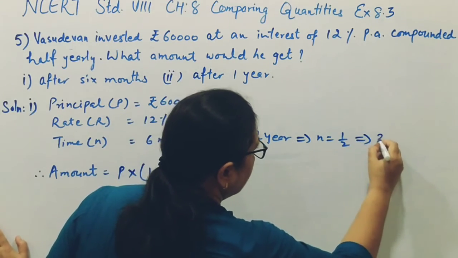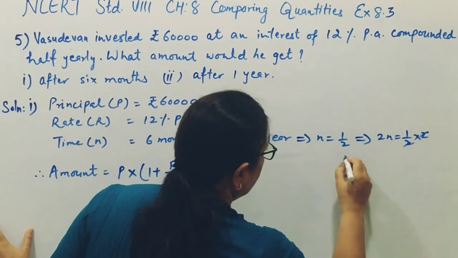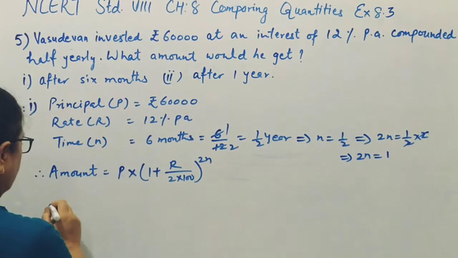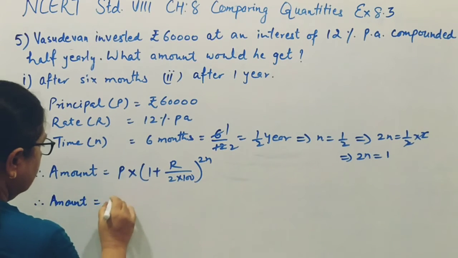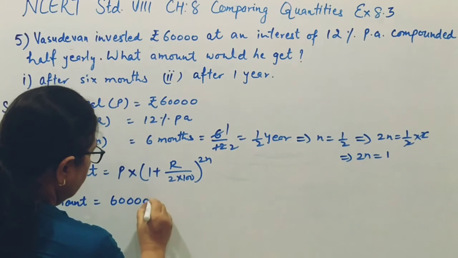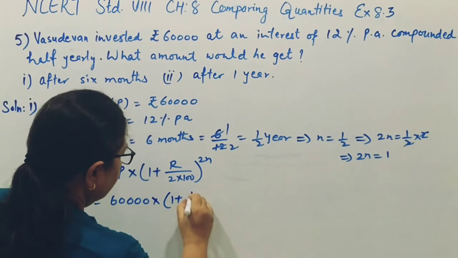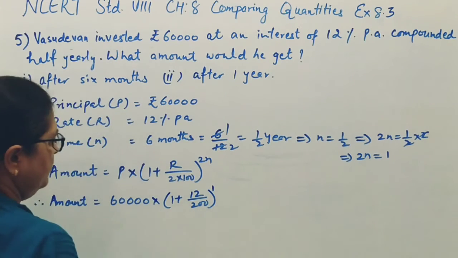Therefore, 2n is equal to 1/2 into 2, which implies 2n is equal to 1. Therefore, amount is equal to 60,000 into 1 plus 12/200 raised to power 1.